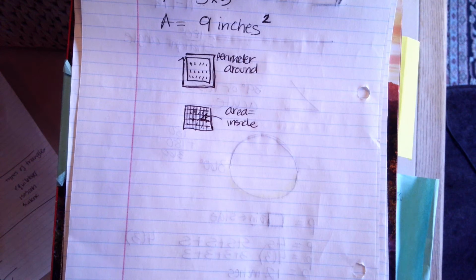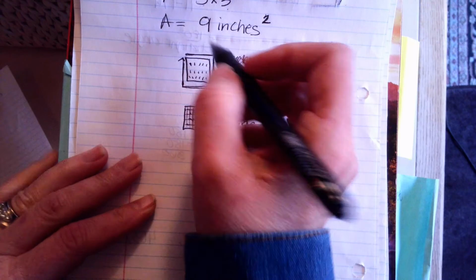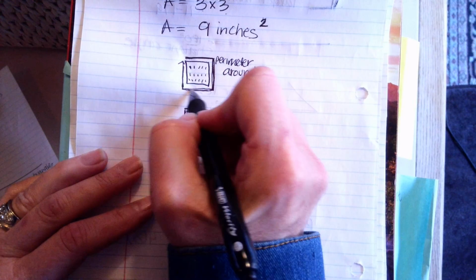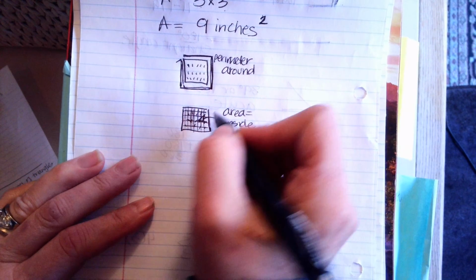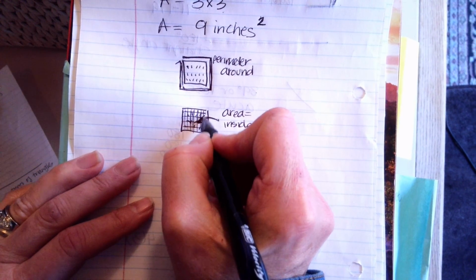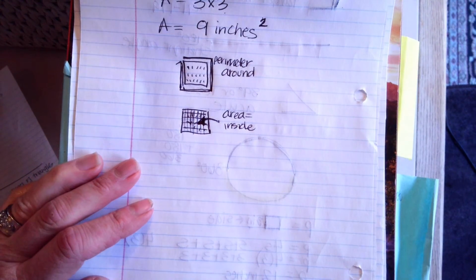But if you use your foot and I use my foot, we're going to get a different answer. So this is perimeter. It's the distance around something. And the area is the space inside of the shape.